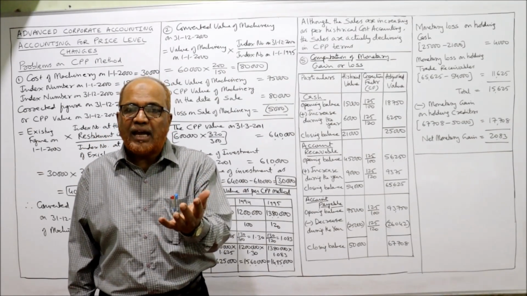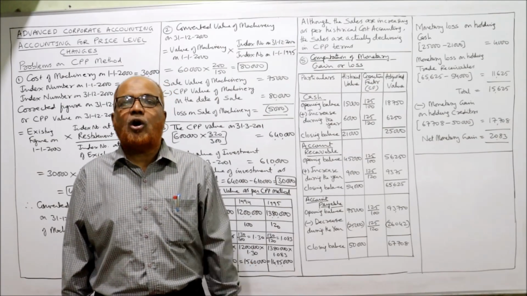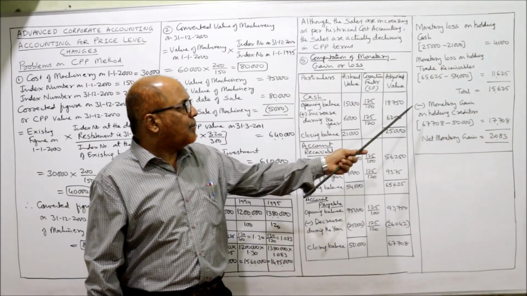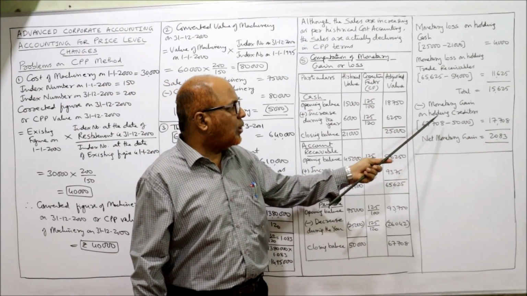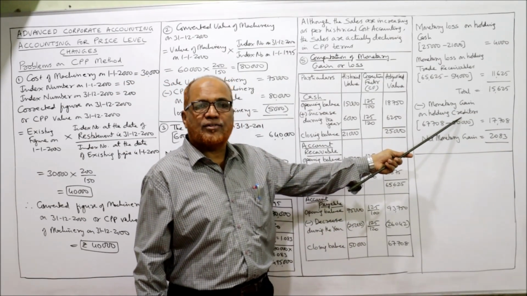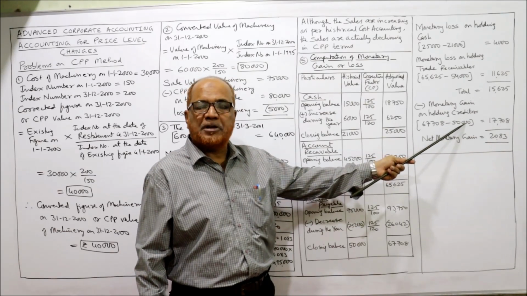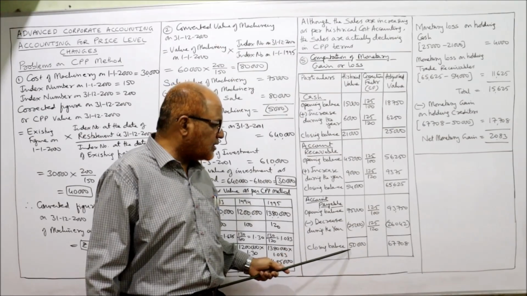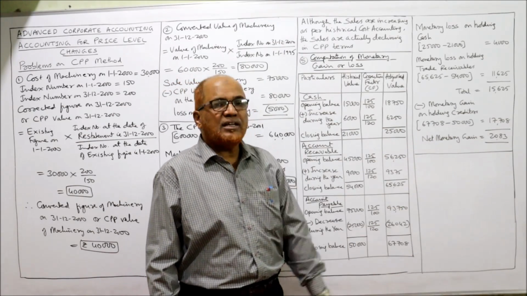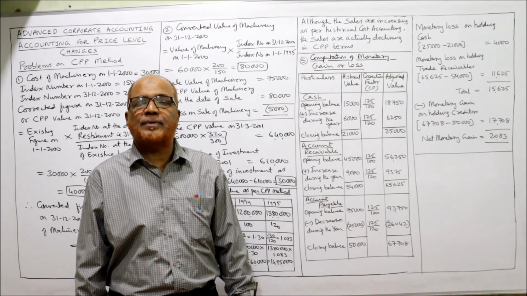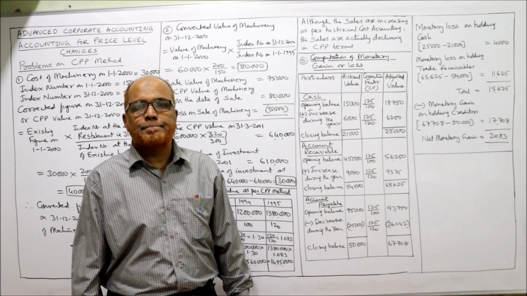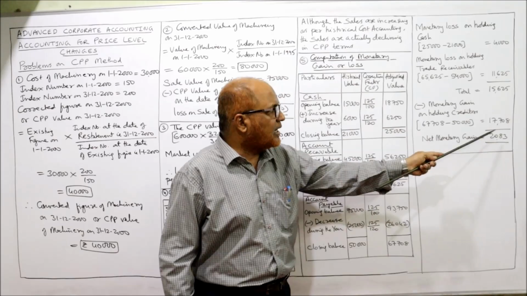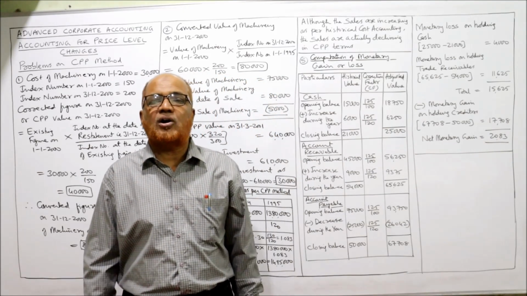Now we'll find out how much is the monetary gain on holding accounts payable. Monetary gain on holding creditors or accounts payable. Creditors or accounts payable means same. So 67,708 minus 50,000, 17,708 is the monetary gain. The monetary loss 15,625 and monetary gain 17,708.